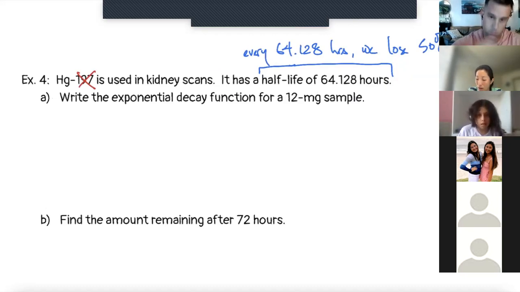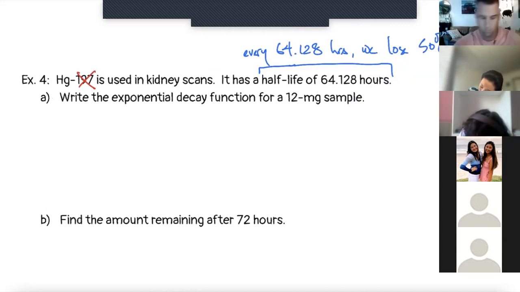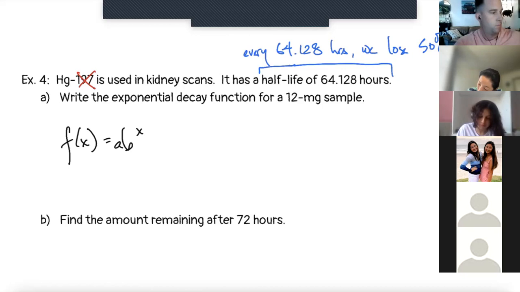And so we are decaying, which means that when we find our B, we better use subtraction and not addition. So if we write this out, f of x equals ab to the x. I'll give the computer screen a moment to catch up. And we start plugging in our numbers.